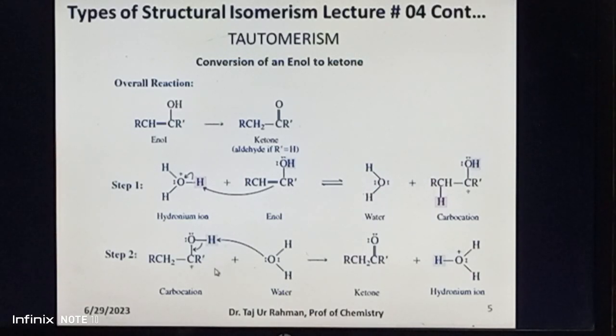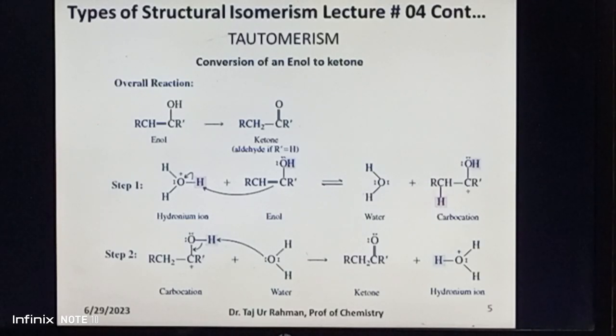In the second step, this carbocation transfers this proton to this water molecule and yields a ketone, and the hydronium ion is regenerated. Generally, aldehydes or ketones are more stable than their enol precursors and can be easily isolated when alkynes undergo acid or base catalyzed hydration.